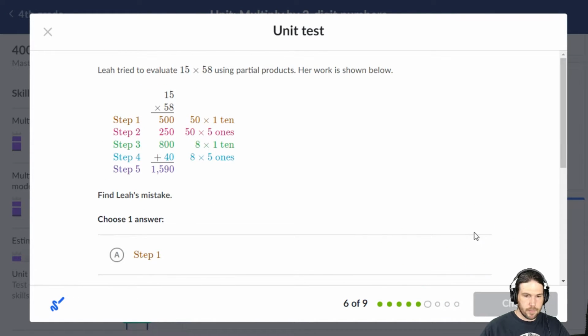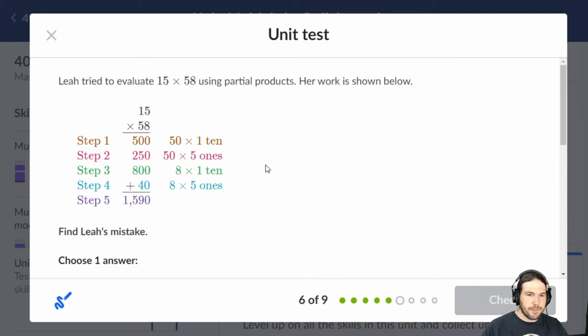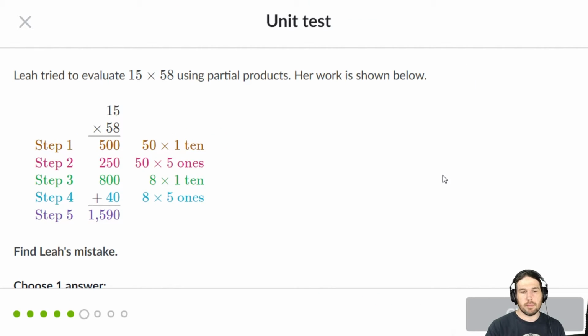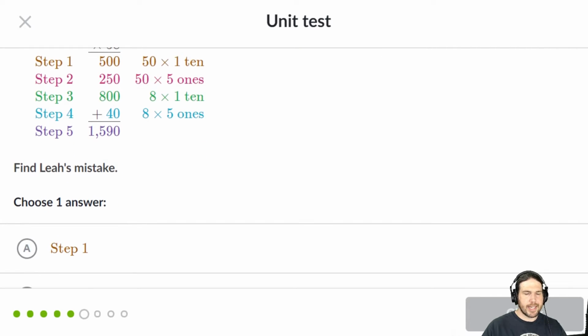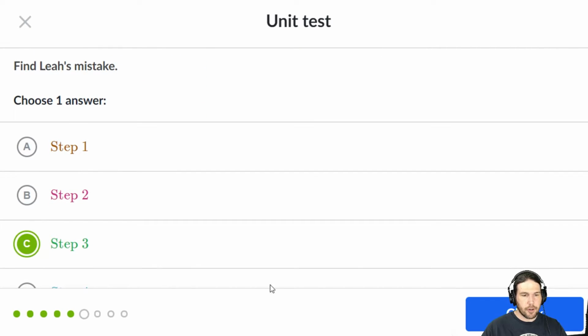Moving on. Leah tried to evaluate 15 times 58 using partial products. Her work is shown below. Find Leah's mistake, if any. Well, that would be step 3. 8 times 10 should be 80, not 800.